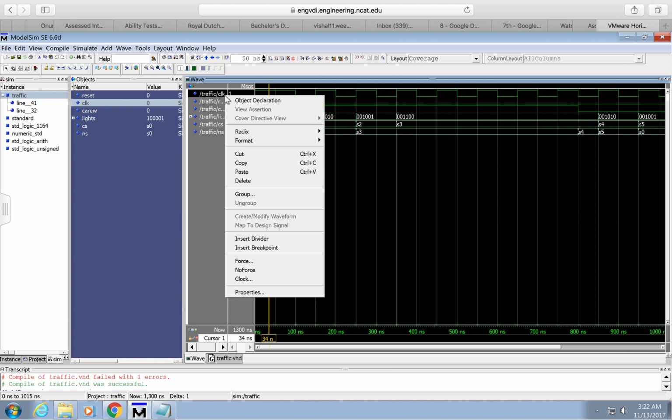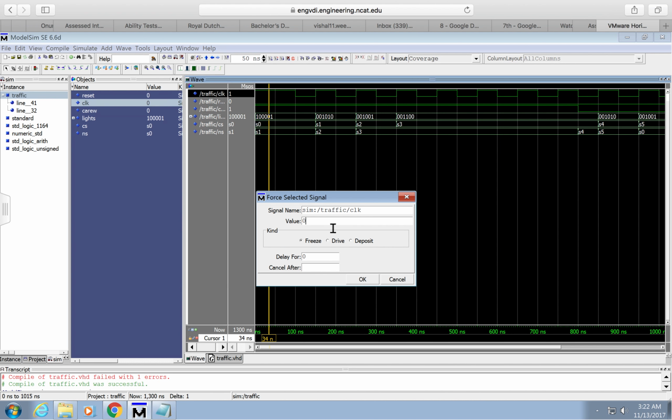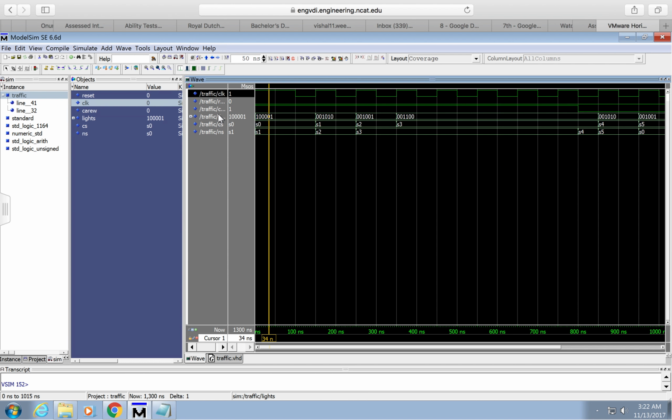For me, I'm using a MacBook, so I had to click with both fingers. If you're using a different trackpad or a mouse, you could right click it and go into force, then put a value over here, and where there's a one or a zero, it's okay.